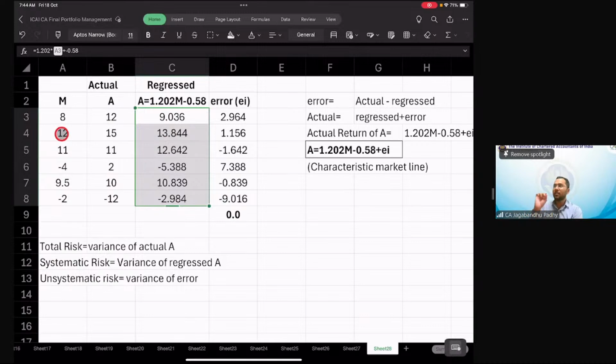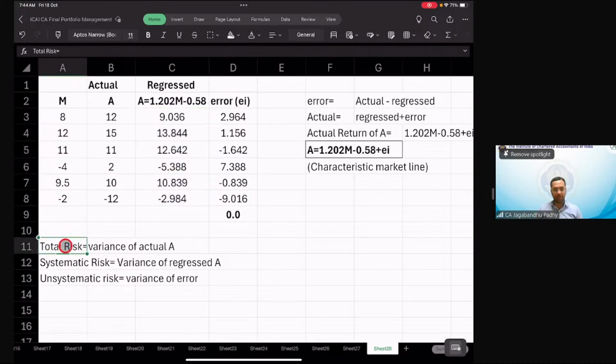Whatever portion of your return you were able to link with the market return is the systematic portion, and whatever you were not able to link is your unsystematic risk, or the error term.